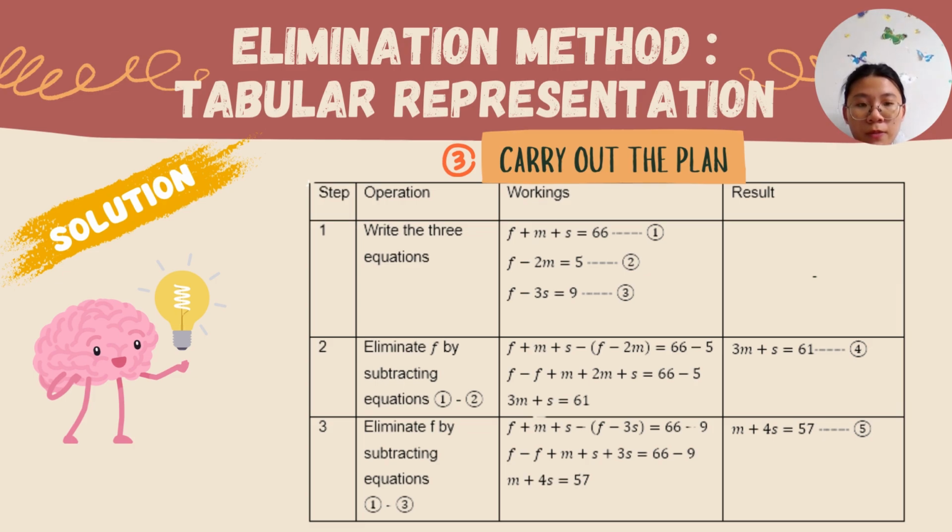This equation becomes the fourth equation. The third step is to eliminate f by subtracting equation 1 minus equation 3. So we will see the result, which is m plus 4s equals 57. This equation will become the fifth equation.